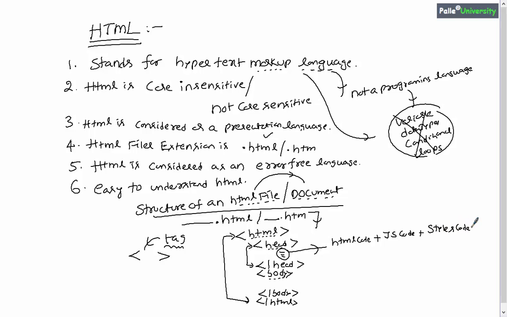We will talk about this JavaScript code and styles code later, including HTML code. In a similar way, inside the body tag also we are allowed to write HTML code, JavaScript code, and even styles code. I believe you understood. So in the next sessions you will be understanding more about HTML.